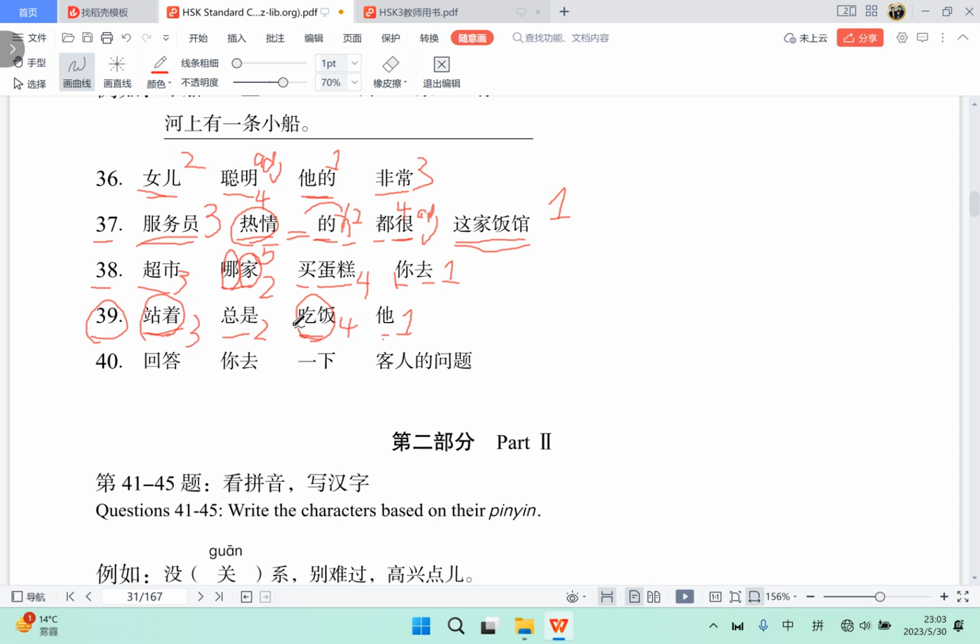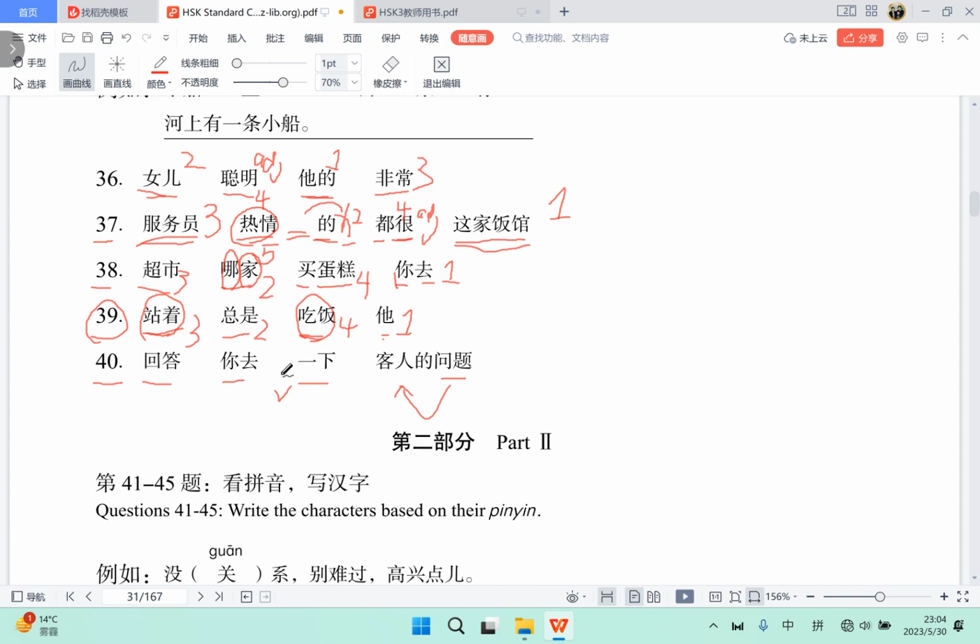Number 40: 回答 to answer, 你去, so you go to, 一下, a short while. This is normally after the verb, so it should come afterward. 你去一下 or 你回答一下, it depends. 客人的问题, the question of the customers.